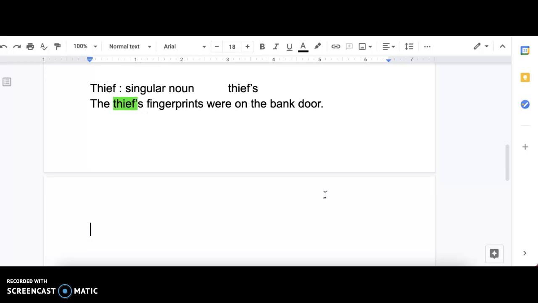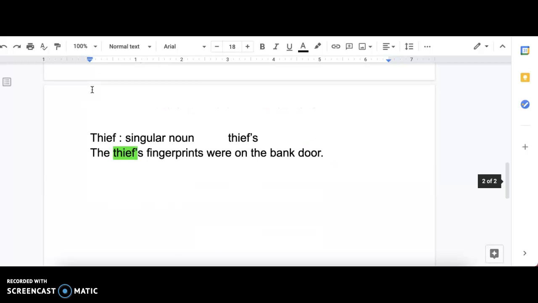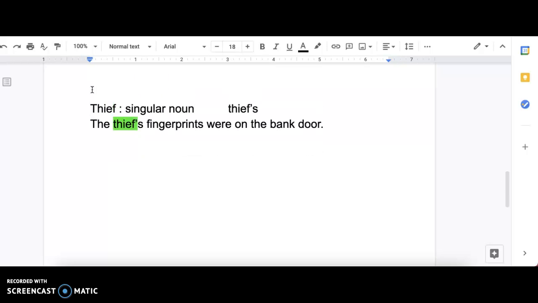Okay, now I want us to look at this word here. Let me move this down so it's all together. Okay, now let's take a look at thieves. What's that word? Thieves, which is plural, right? It's the plural noun. It's more than one.